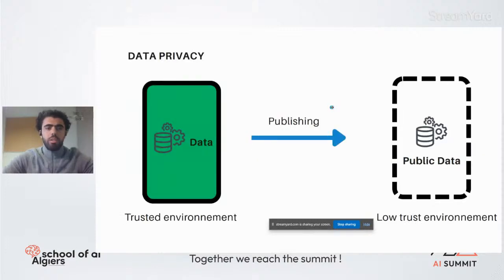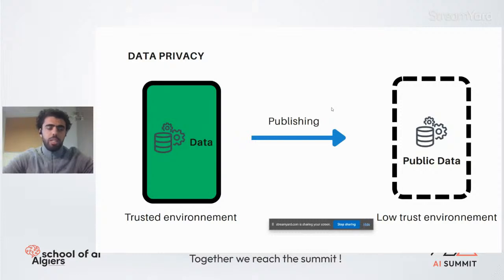At first, let's try to understand what is privacy. In the context of data privacy, we get concerned by privacy when we are trying to move data from a trusted environment or from a high trust environment into a low trust environment.